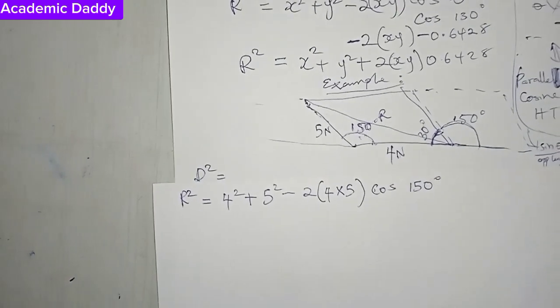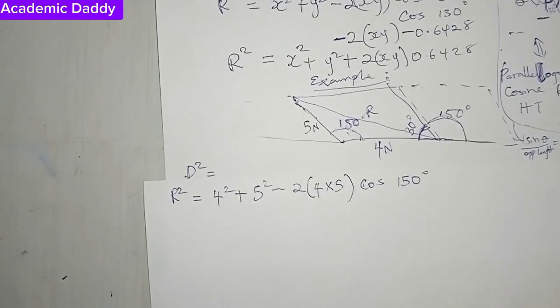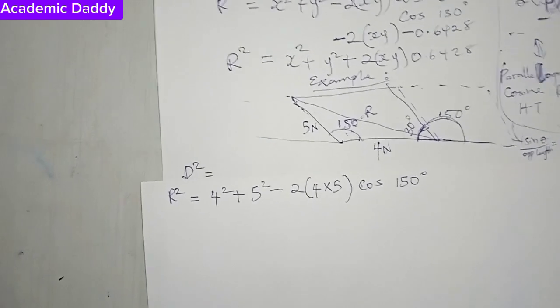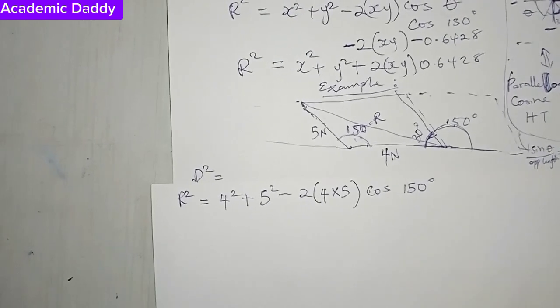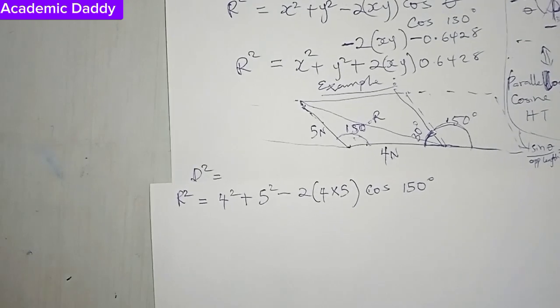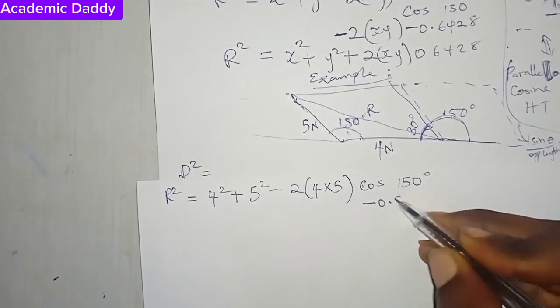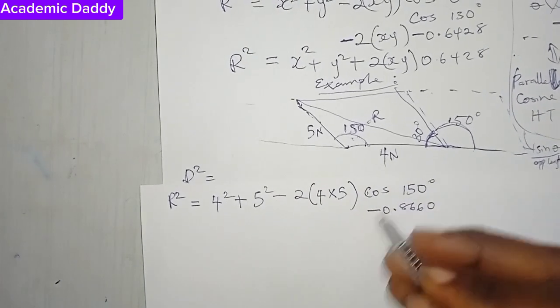You know that cos 150 will be minus 0.8660.